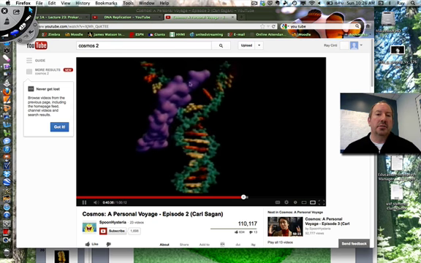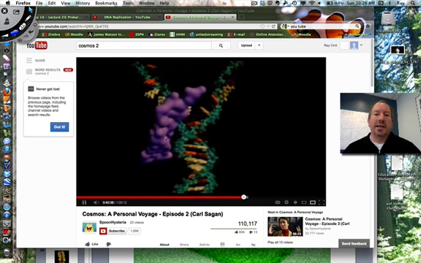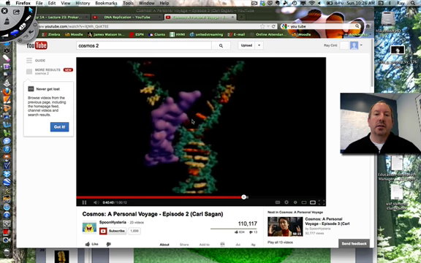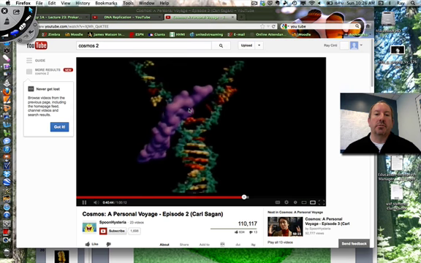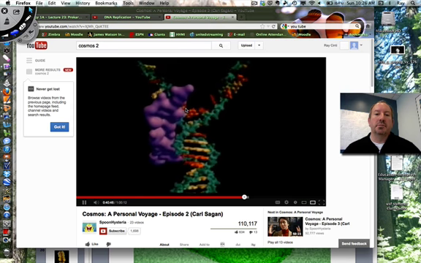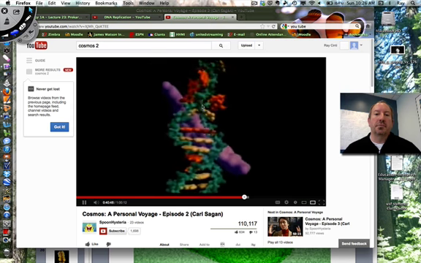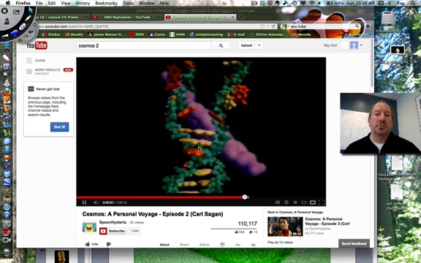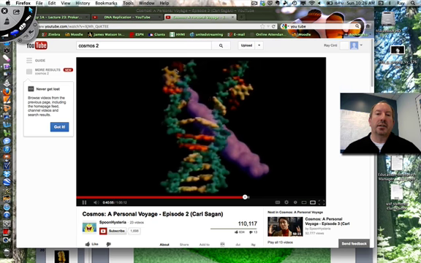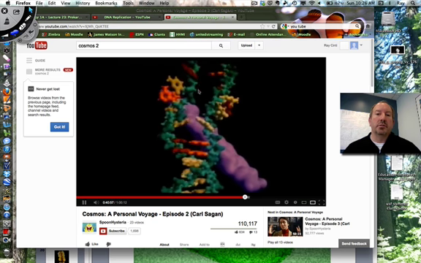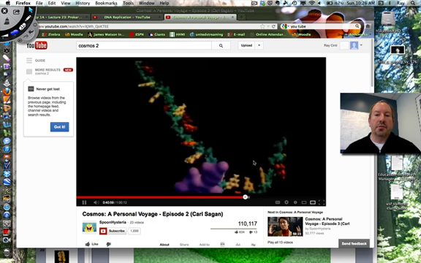So here's the enzyme in purple here called DNA helicase, and it's coming along. It's kind of weird how stuff like this is happening in the cell right now as you're watching this. But here's the enzyme, and it's breaking those hydrogen bonds, and it exposes, see, the bonds are breaking between the nitrogen bases. So now you have two strands on both sides here, and this forms the fork.